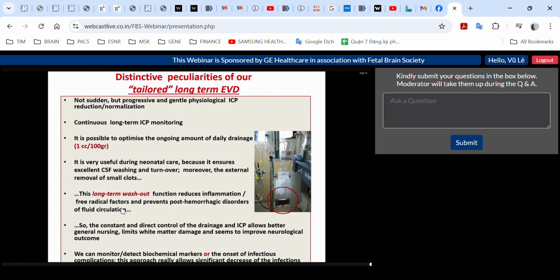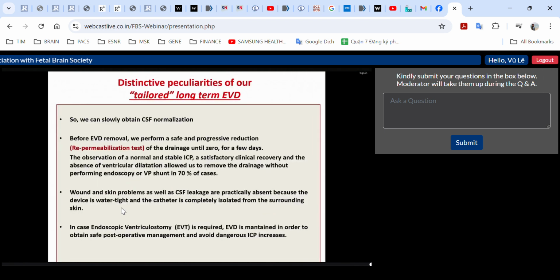We can monitor and detect chemical markers of the onset of infection complications. This approach already allows a significant decrease of infection. So we can slowly obtain CSF normalization before external ventricular drainage removal.